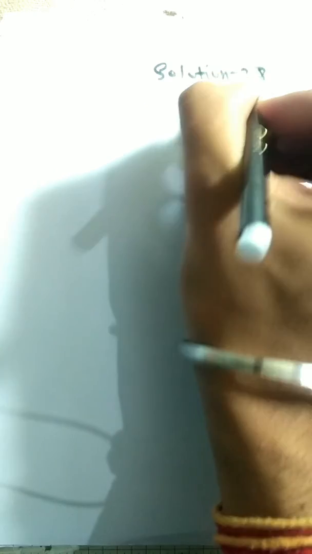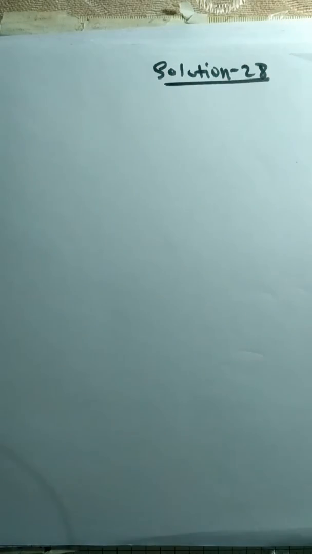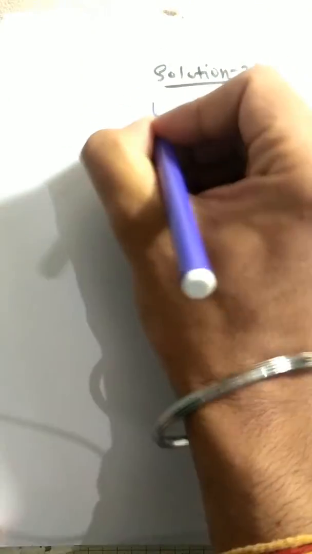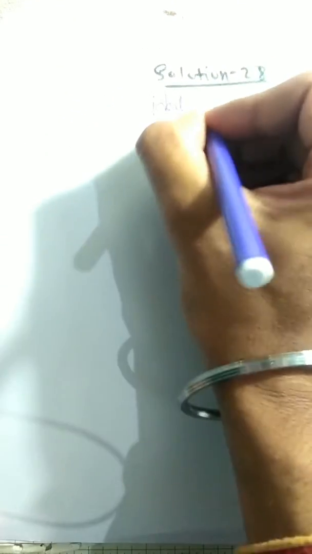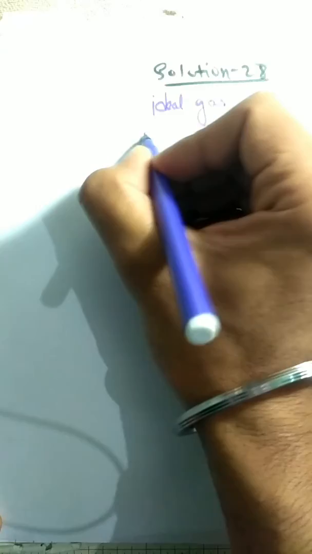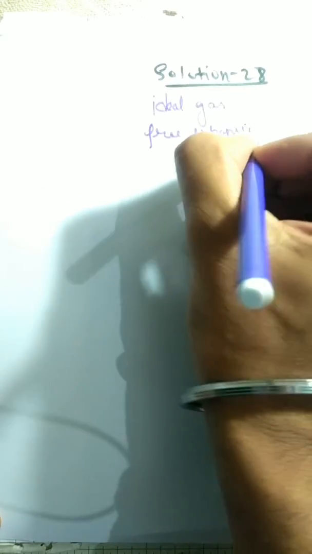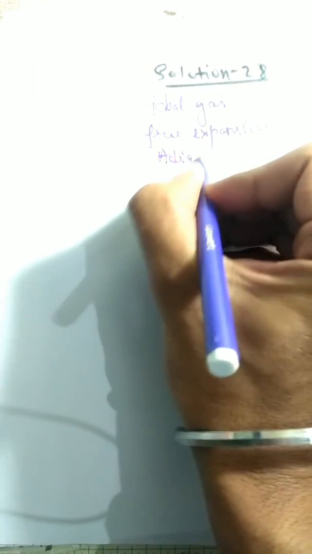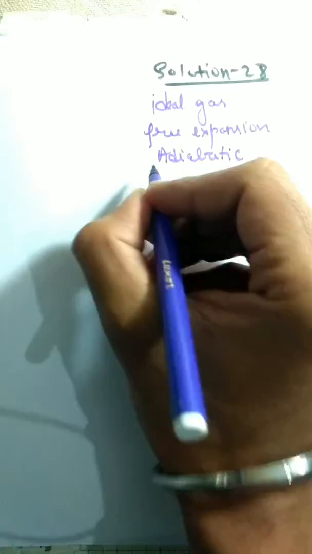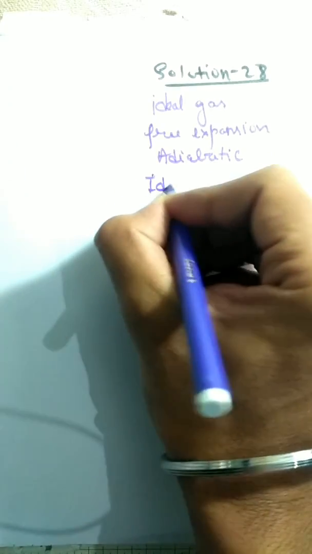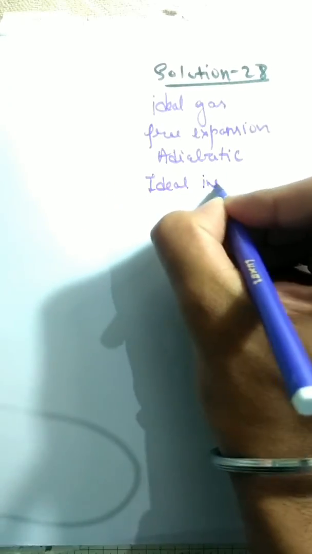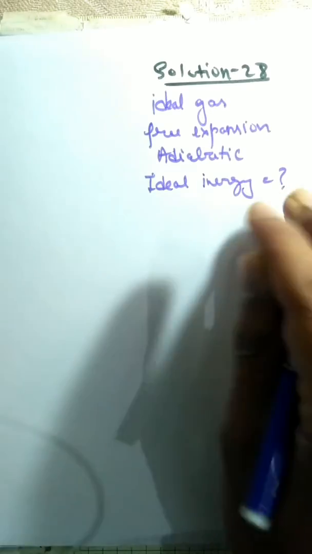Let's solve question 28. In this, we have been given an ideal gas whose free expansion takes place, and the process is adiabatic, and we have been asked what will happen to the internal energy of the gas.